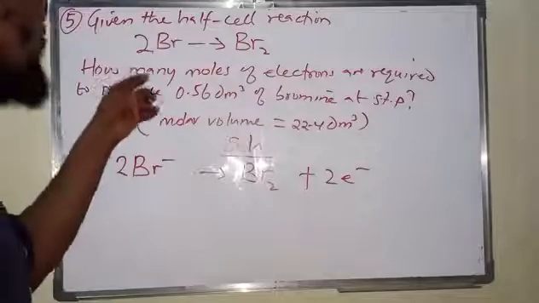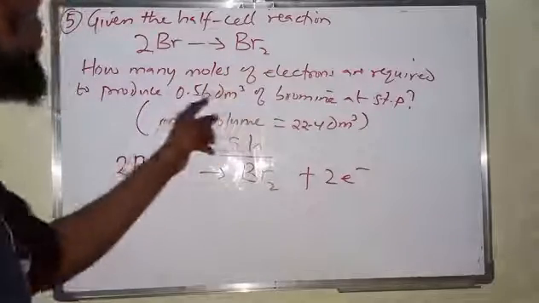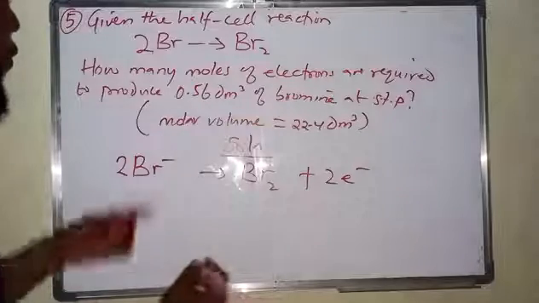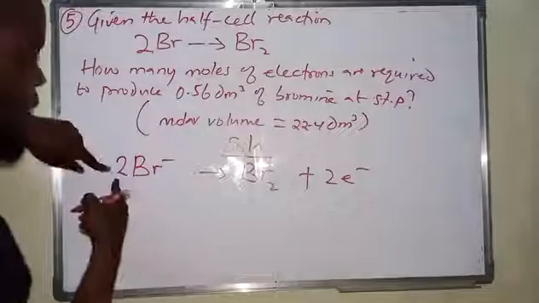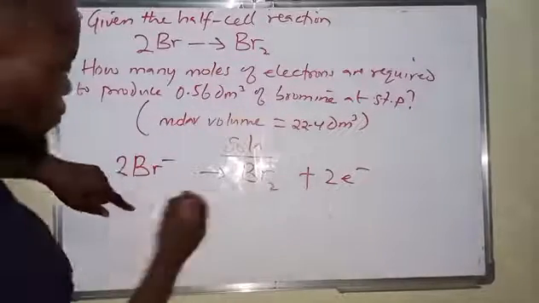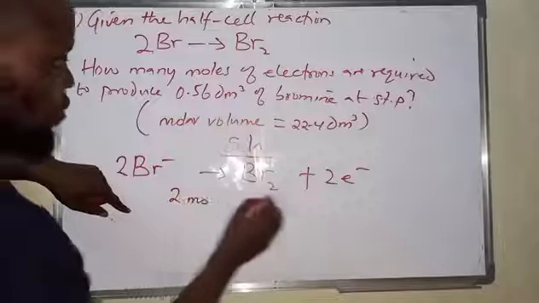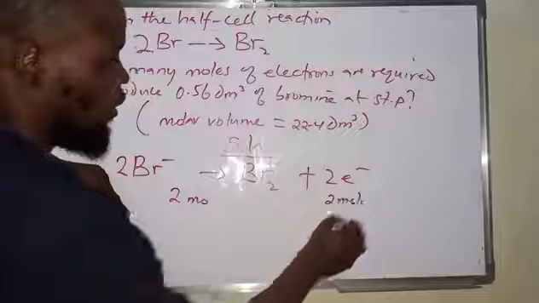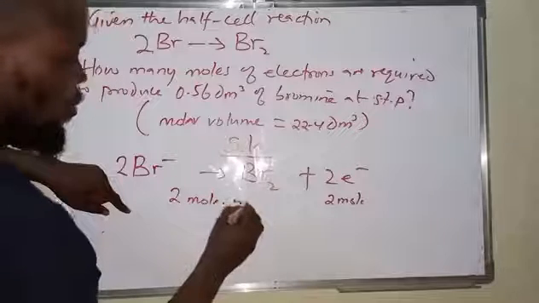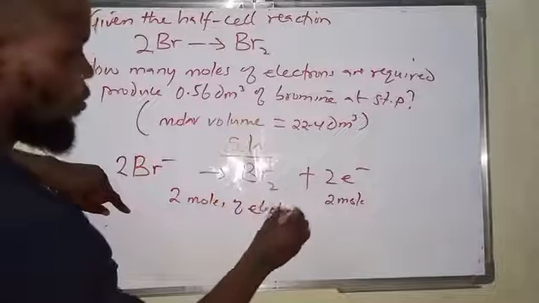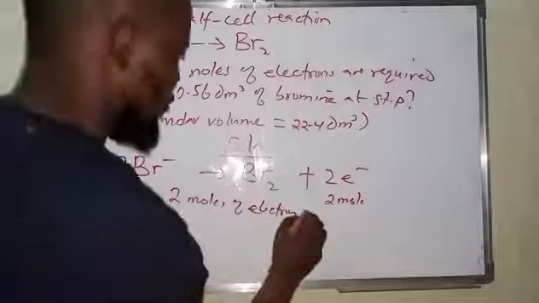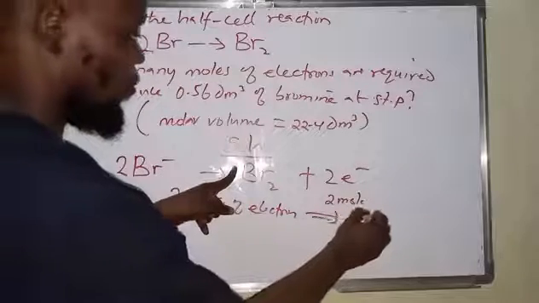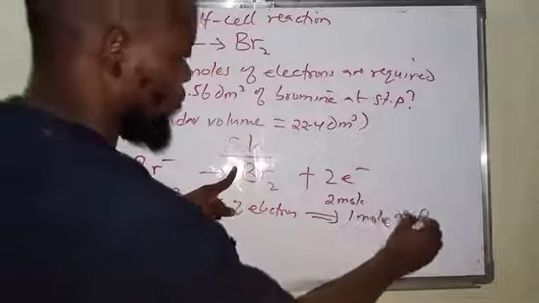So the question is, how many moles of electrons are required to produce 0.56 dm cube of bromine at STP? It is simple from here: we need 2 moles of electrons to get 1 mole of bromine.